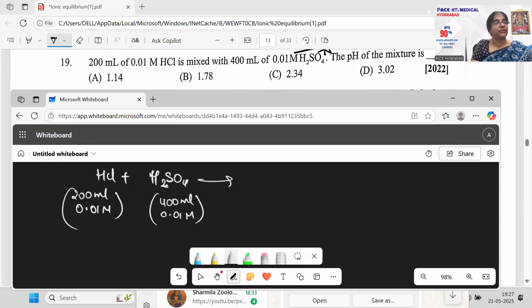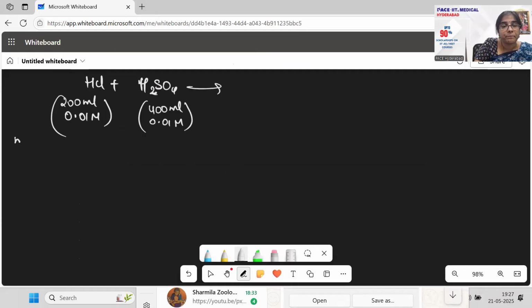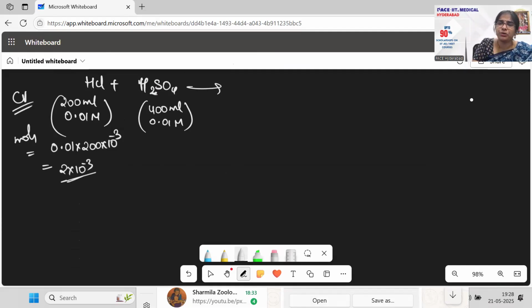So whenever such kind of question is asked you, as I told you again and again, you would just go up with your moles first. All right. So let us find out the moles for this question. So moles is equal to always CV, concentration into volume. How much is the concentration? 0.01 times volume is 200 ml into 10 to the power minus 3 it is, which means 2 into 10 to the power minus 3, or you can just write it as 2 millimoles also, fine, no problem.